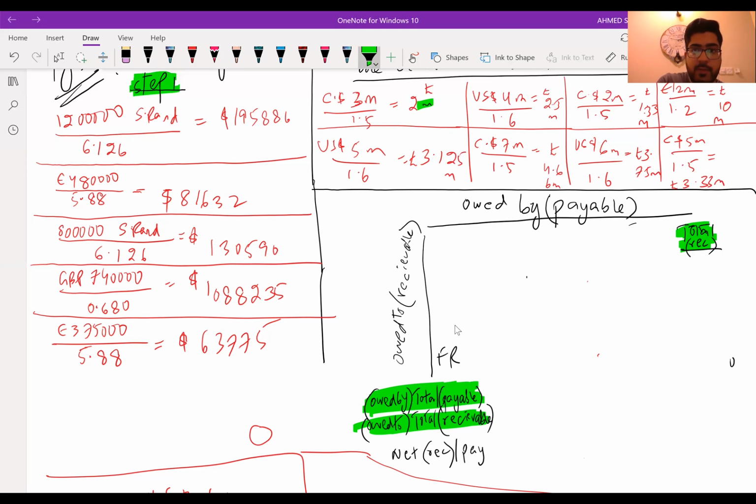So all transactions were converted into one currency, pound, that is of the parent.